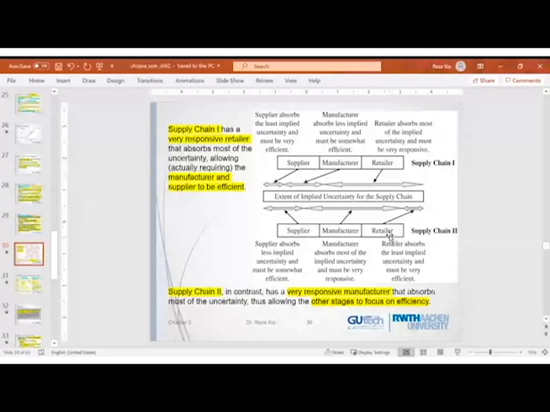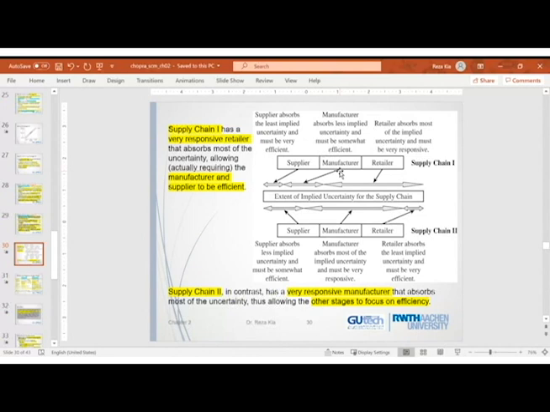As you can see here, the uncertainty could be shared between manufacturer and supplier. And that would be some quantitative discussion that we will have in another chapter. So in this chapter, you have just been introduced to the general idea that there is an implied uncertainty imposed on the supply chain, and how we are going to share this uncertainty to be absorbed by different stages in a supply chain.